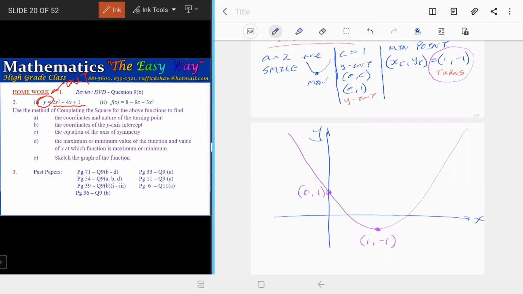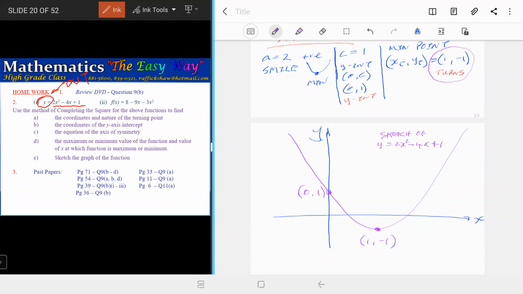My y-axis intercept. And then I'm just going to say sketch of y equals 2x squared minus 4x plus 1. That's a sketch of it.